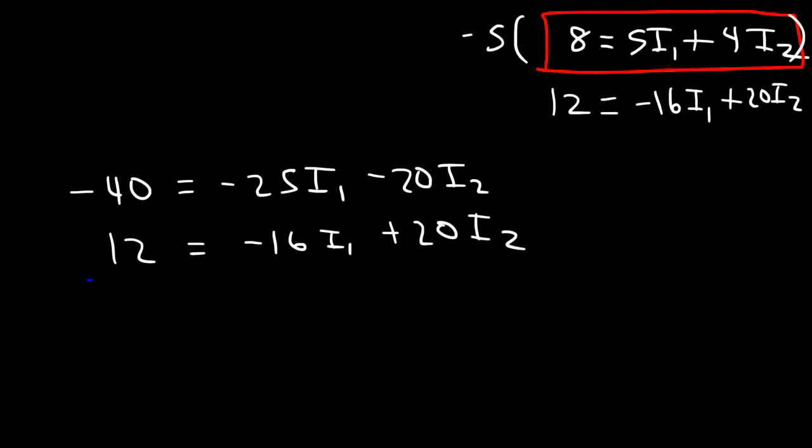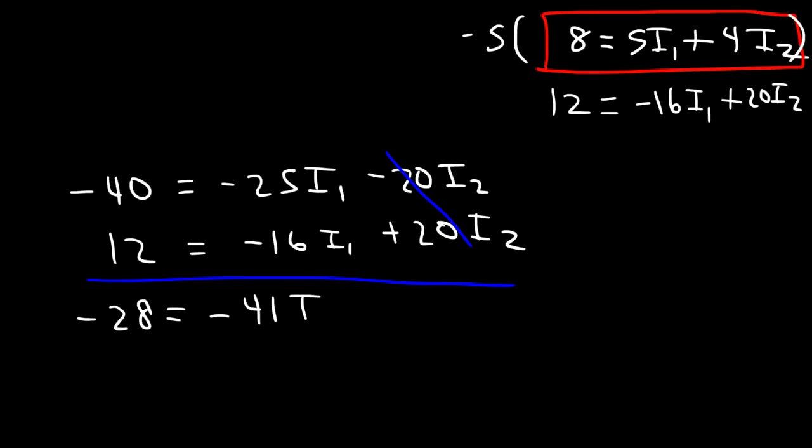So if we add these two equations, we can cancel those two terms. Negative 40 plus 12 is negative 28. And then that's equal to negative 25 minus 16, which is negative 41, times I1. So the value for I1 is negative 28 divided by negative 41.